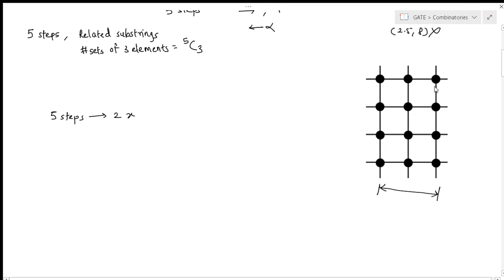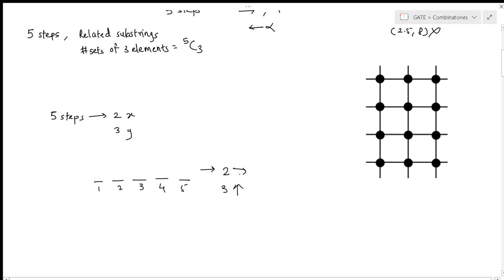Okay, so let's see how we can represent this. 3 steps across the y. I have a total of 5 steps: step 1, step 2, step 3, step 4, and step 5. My target is to take 2 steps in the right direction, the x direction, and 3 steps in the up direction, the y axis.